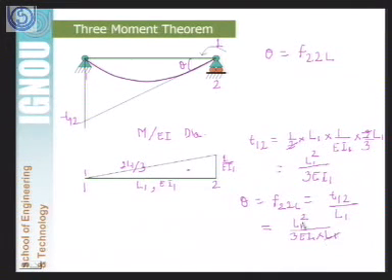So this one L1 will be cancelled out and this will be equal to L1 divided by 3EI1. So friends, you can see here that F22L is equal to L1 divided by 3EI1.